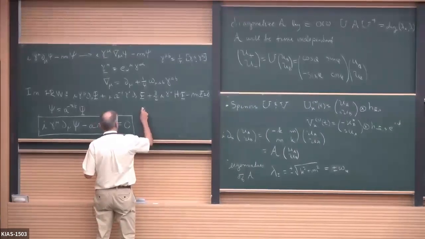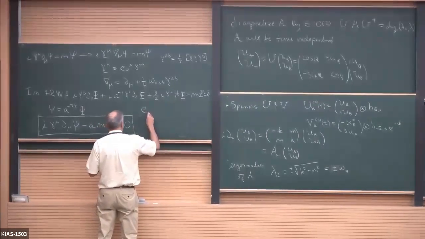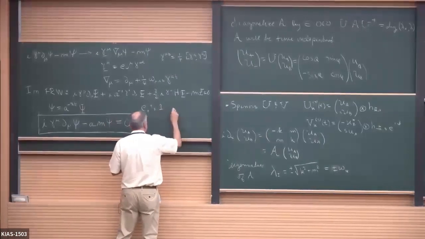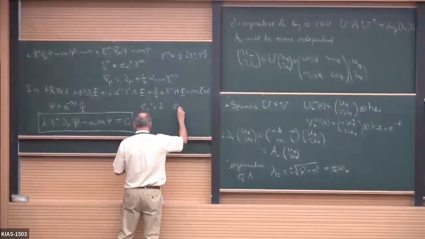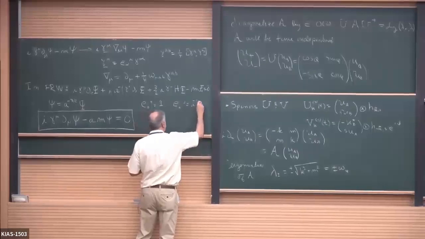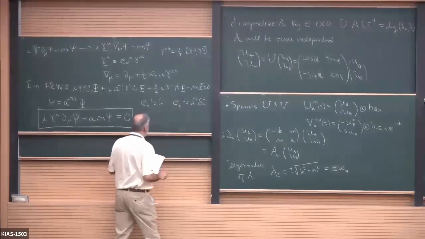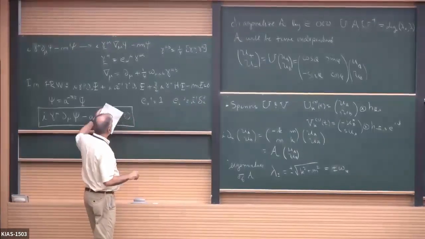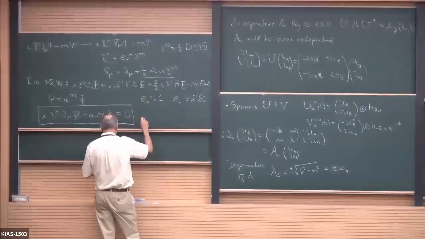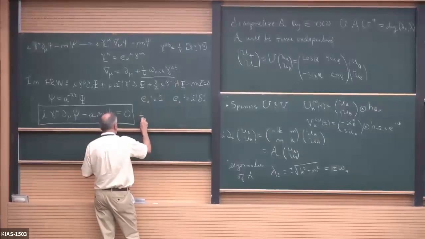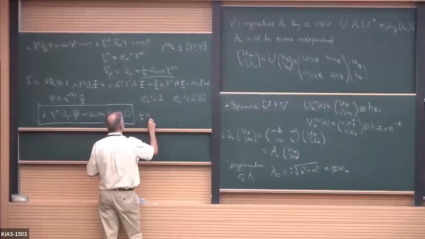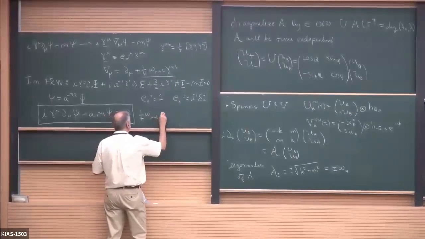The frame fields for FRW, the non-zero ones, and this term here, gamma AB.